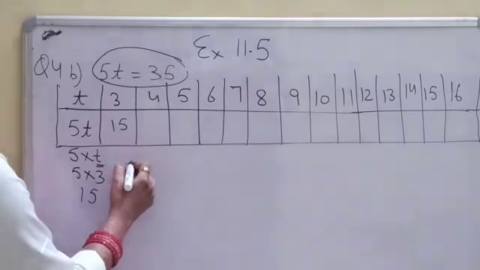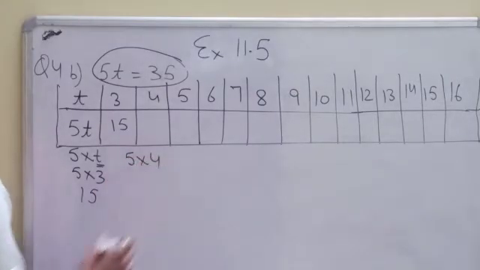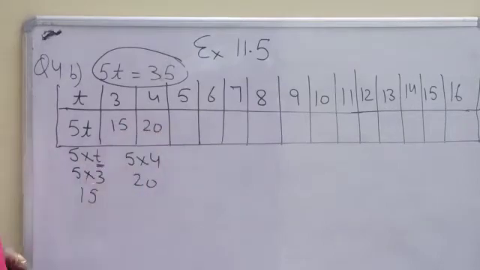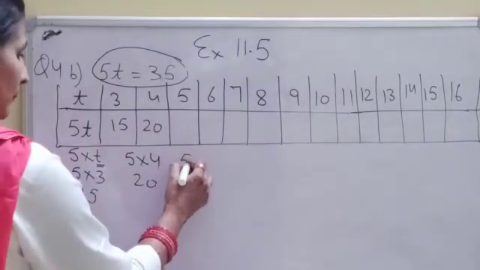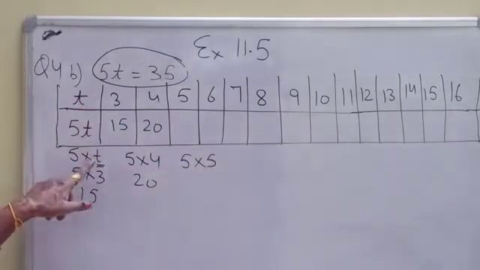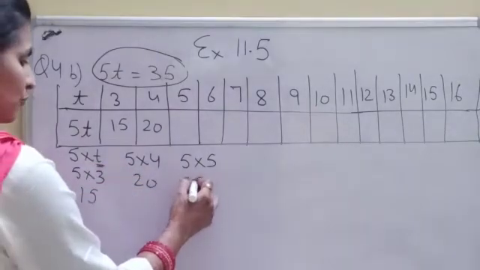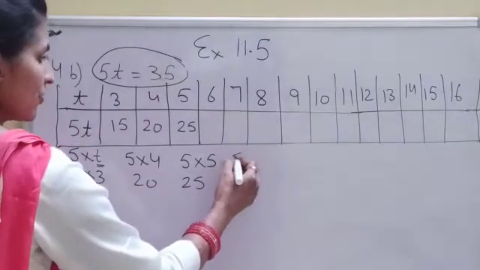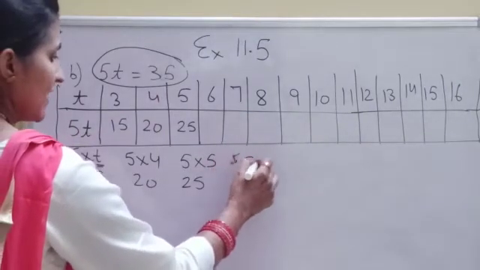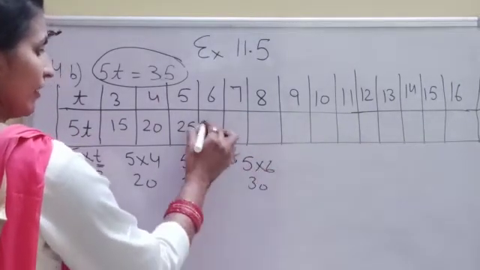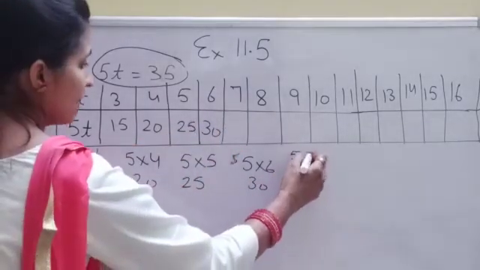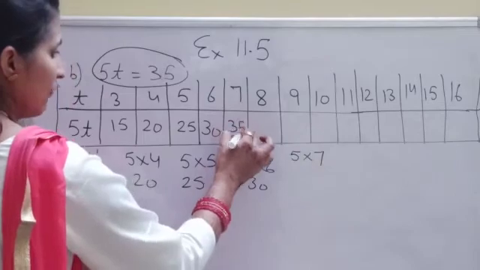If we place 4 in place of t, 5 fours are 20. If we place 5, 25. If we place 6, 5 sixes are 30. If we place 7, 5 sevens are 35.